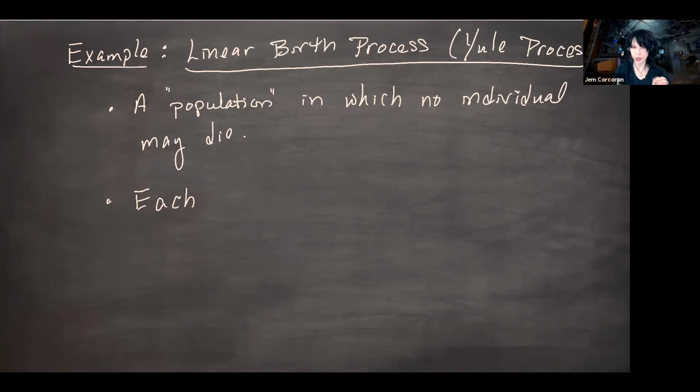and each individual acts independently of everyone else and the population size and everything else in giving birth to a new individual in a small time interval of length h, with a probability that I'm about to write down.